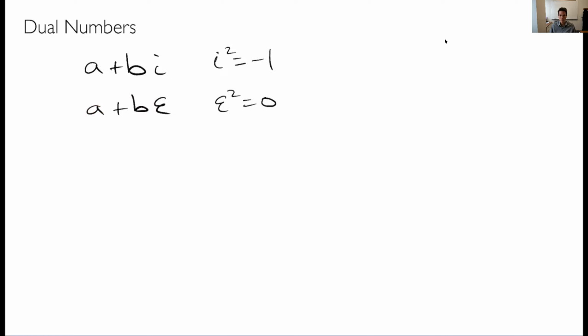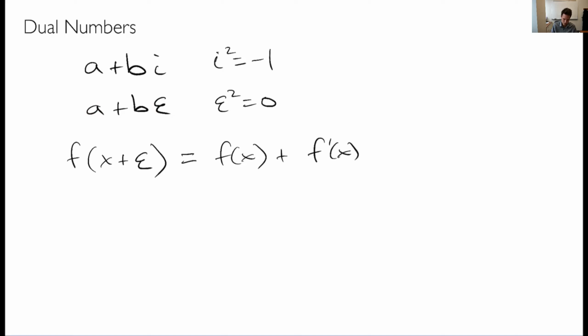So just as an example, we could do a Taylor series example like we have been doing. This is not exactly analogous to what we've been doing, but just an example. Let's say I do some epsilon. So this could be a plus b epsilon, but b is going to be 1 and a is just x here. If I do the Taylor series, it's going to be f of x, let's just do 1D for now, plus f prime of x times epsilon plus f double prime of x times epsilon squared over 2 plus more terms.